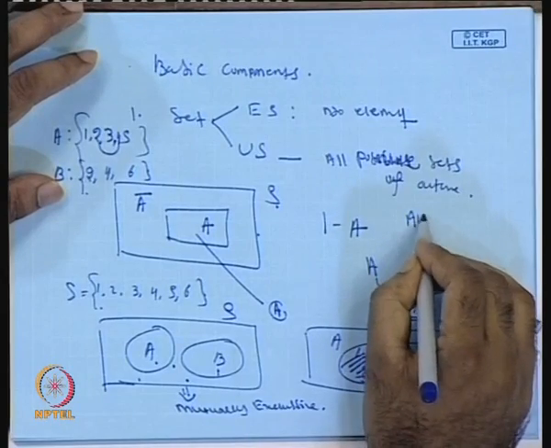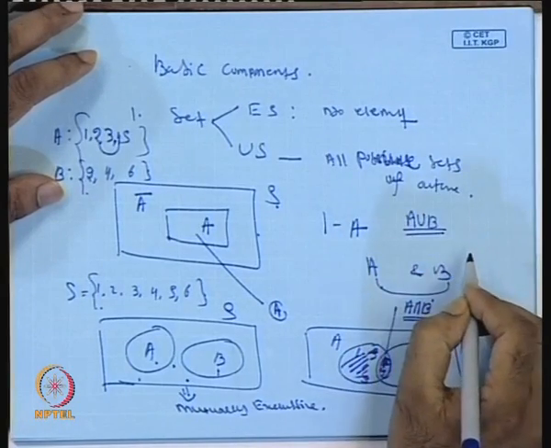Then obviously there is the notion called A union B. A union B represents the set of all elements in set A and set B. This is how we like to know what the particular component set A is, what the particular component set B is, and then the association between A and B. There are two ways they interact: either they are completely independent or they are dependent. If they are dependent, how they are dependent on each other. This is how you can describe the complete structure of probability theory.